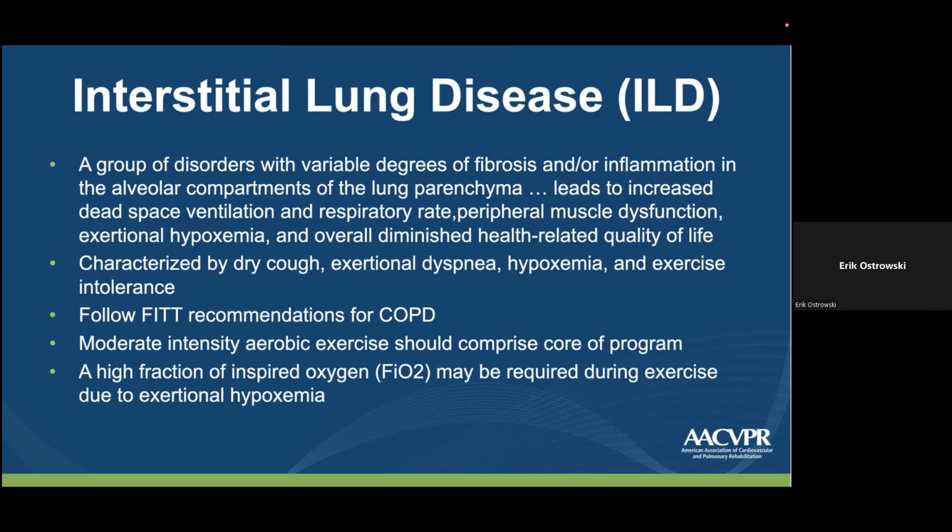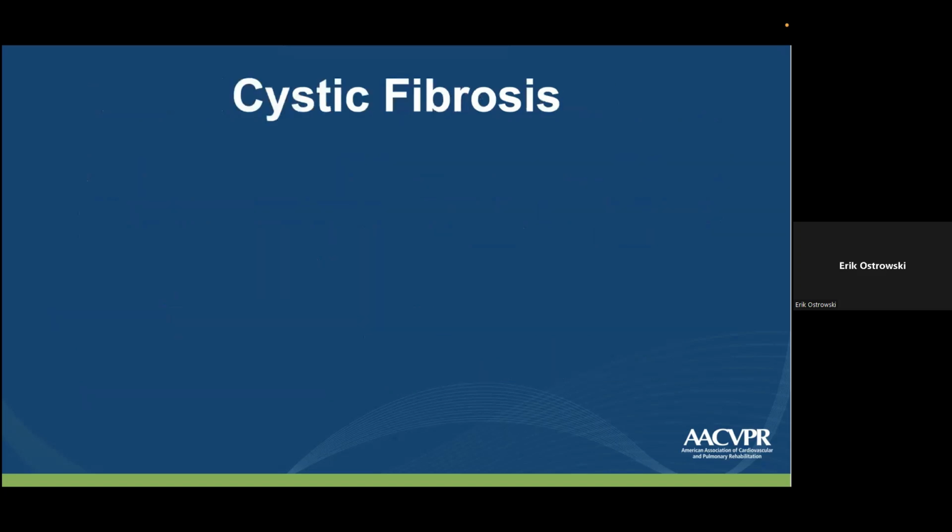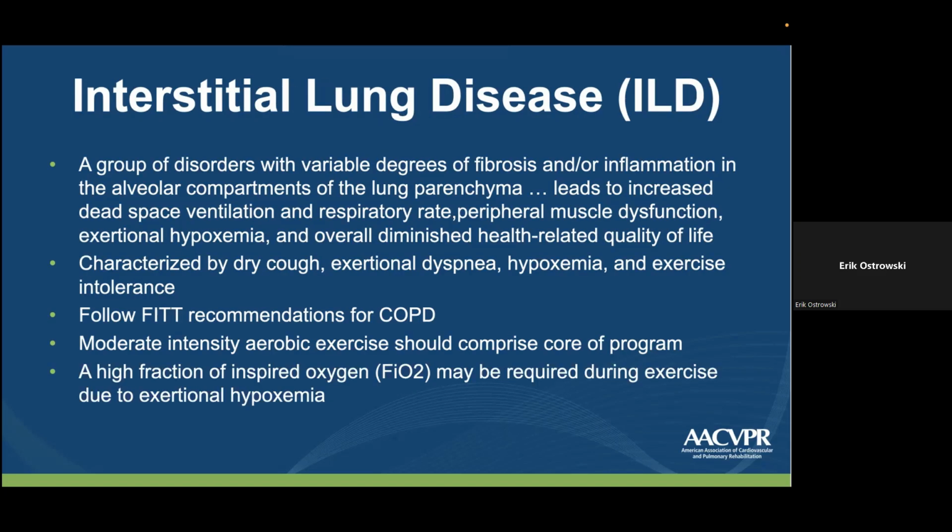These patients can desaturate quickly and substantially. So making sure that we have the ability to deliver a high fraction of inspired oxygen, or oxygen at a high FiO2, during exercise to avoid excessive reductions in SpO2 is critically important in this patient population.